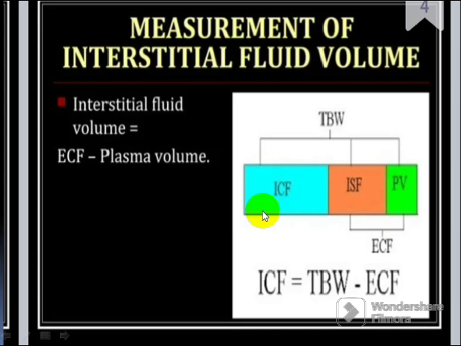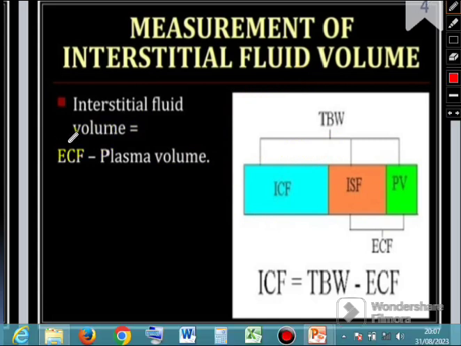To measure that compartment, you apply this formula on the slide, because there are no known biological markers to measure that fluid compartment.